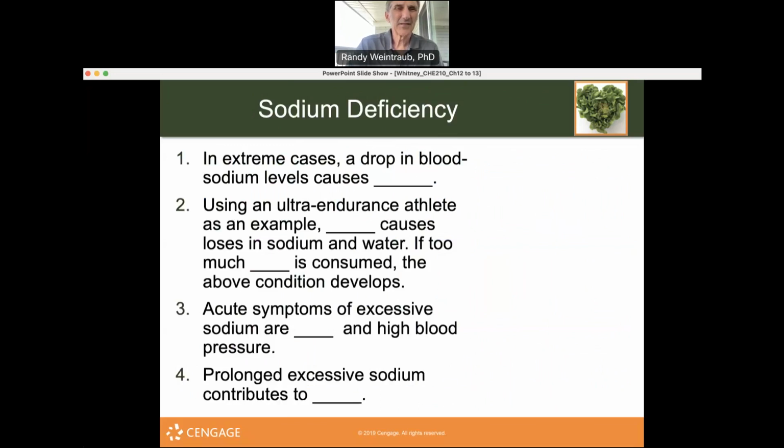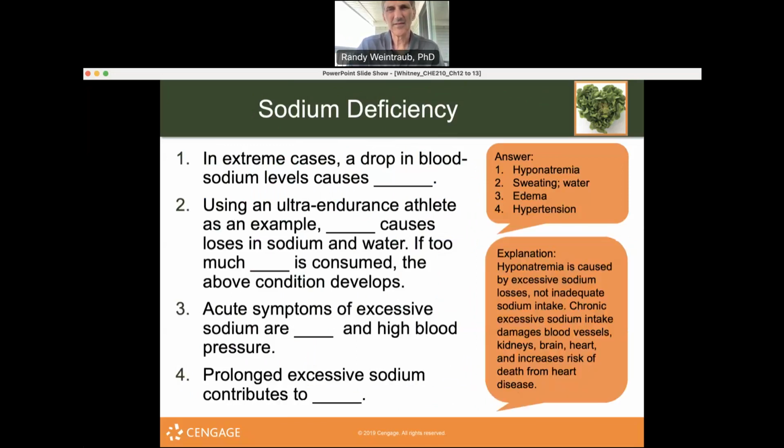Sodium deficiency, we said, is rare, but in extreme cases this could cause a condition called hyponatremia. This could occur with ultra endurance athletes with sweating. It also could be when water is overconsumed.